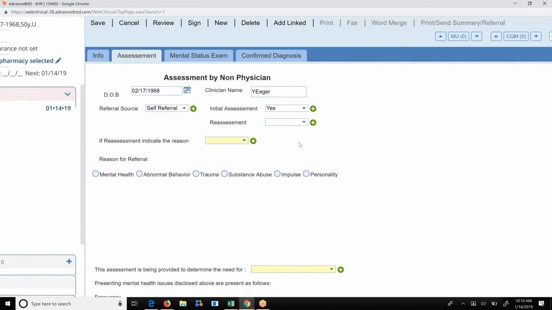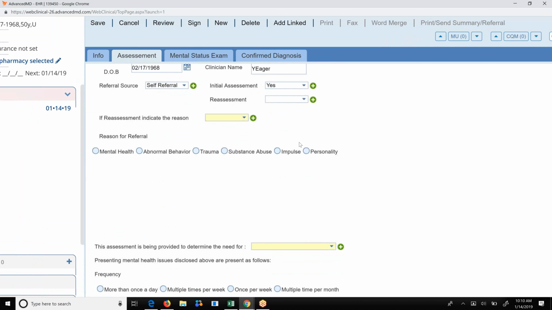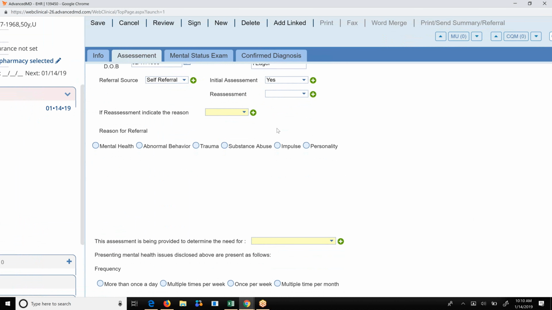But that's self-explanatory, and just get as specific as you possibly can. We all are aware that trauma is going to be indicative of mental health, or that personality disorders are mental health, and personality disorders are symbolic of abnormal behavior. So check the one that's most appropriate at that time based on the client that's in front of you.